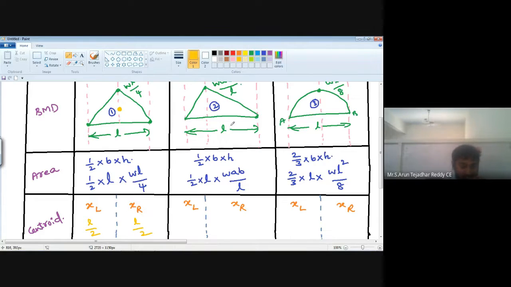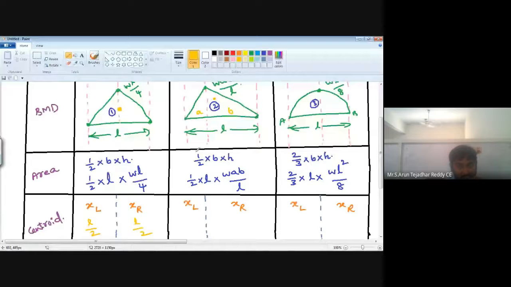Next, coming to the second diagram, it is an unsymmetrical structure. Here you can observe it is A and this distance is B. Now, what about the center of gravity of the left part? Imagine your center of gravity is somewhere acting here. We don't know the exact point because it is an unsymmetrical structure.